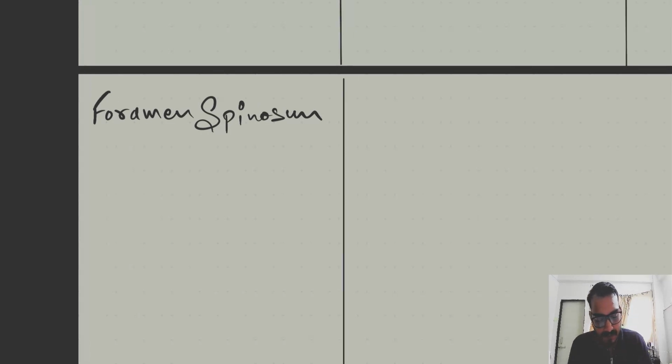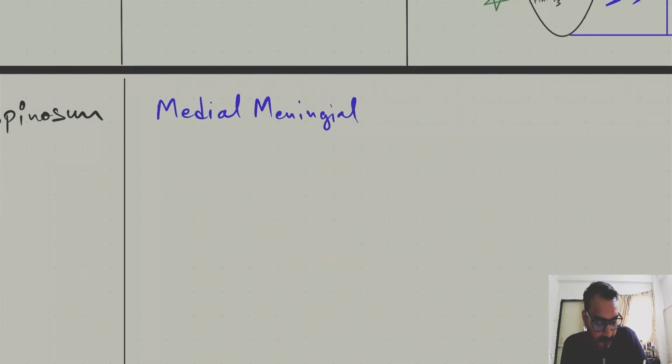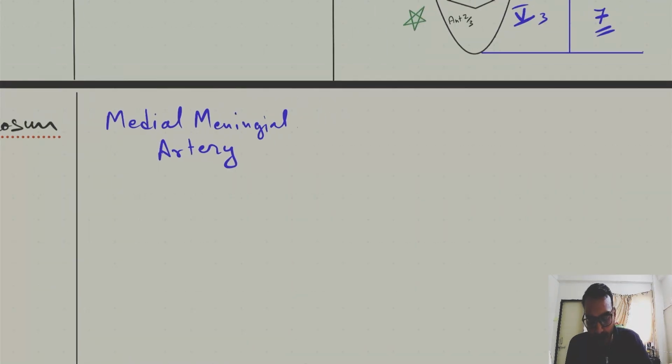Foramen spinosum. This foramen spinosum has a very special structure, known as the middle meningeal artery. This artery is very important to know. Why?